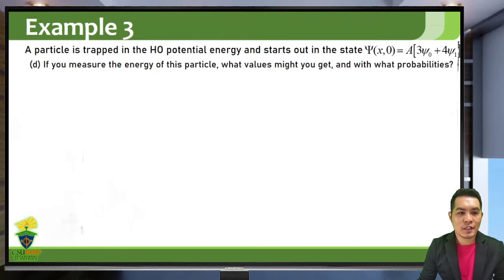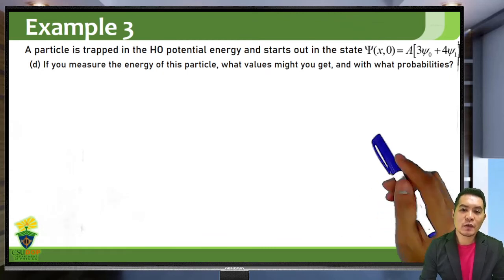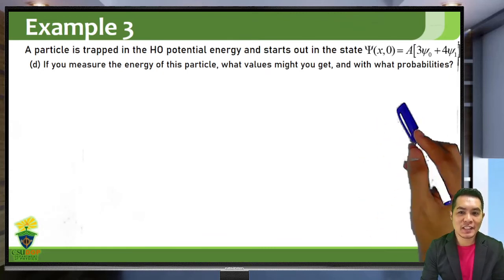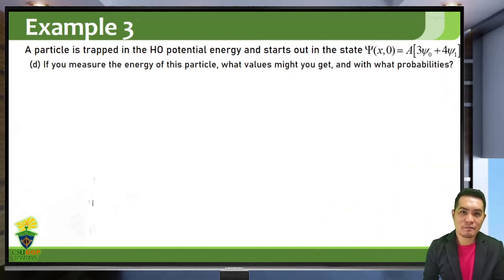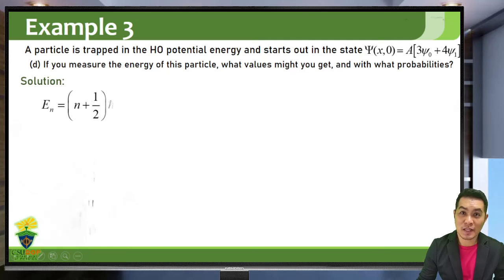Letter D. If you measure the energy of this particle, what values might you get and with what probabilities? We have already obtained the Cn's, C0 and C1, and the Cn's essentially give you the probability that the energy of the particle is En. Since we only have two Cn's, C0 and C1, there will only be two possible energies.